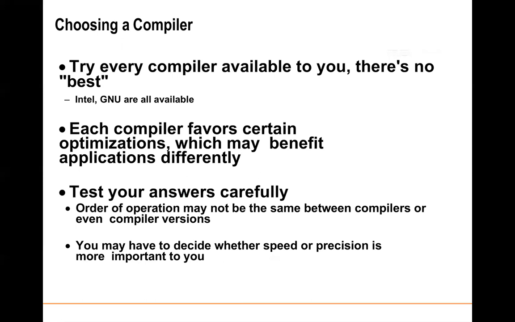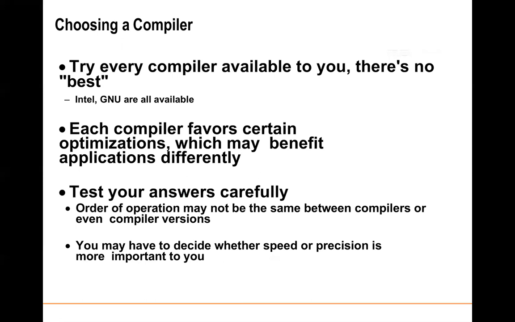And then the last bullet's very important. You got to test your answers very carefully. Sometimes the order of operations may be different between the compilers and even between compiler versions. So you may have been running with a particular version of compiler for a year or several years, and they switch to a new version, and you may get different answers. So you need to make sure that you verify the results, particularly when you're switching between compilers, even if it's the same compiler in just a different version.